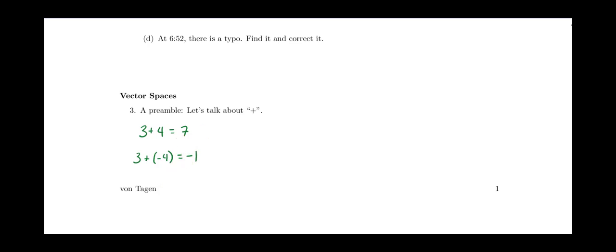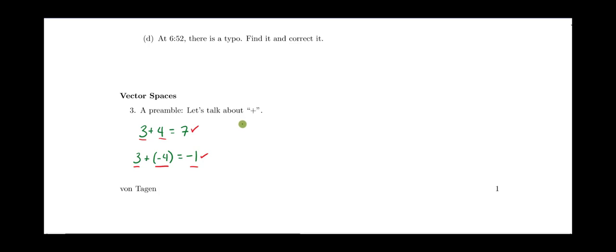Now, the explanation you were given for what it meant to add the whole number 3 to the whole number 4 didn't fit with the explanation you're given when you want to add together the number 3 with the integer -4 to get -1. You had to come up with a new way of understanding what we meant by addition.